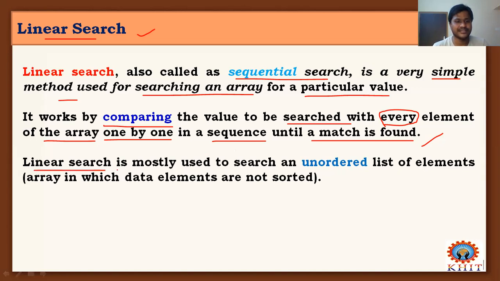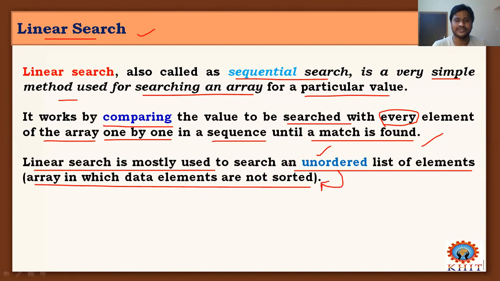Linear search is mostly used to search an unsorted list of elements, that is, an array in which the data elements are not in sorted order.